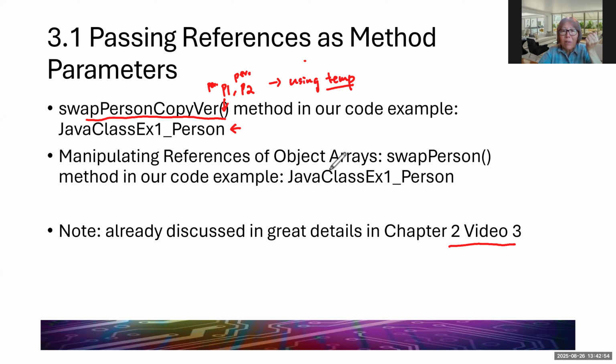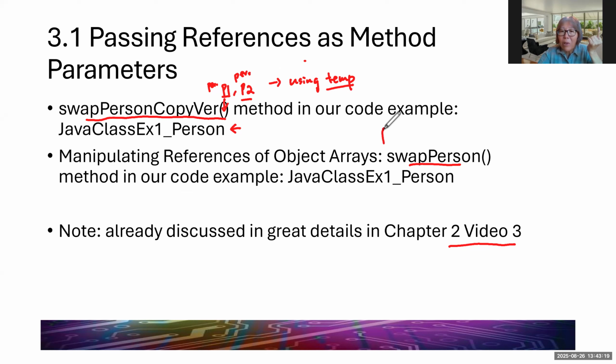Later we discussed a second method in that example, swap person. In that case, it's not using just the class type for the parameter.